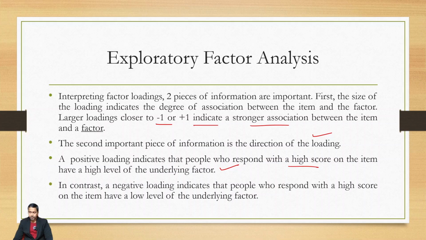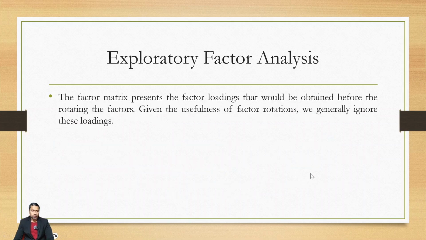So moving ahead, there are three matrices. I will show a sample example in the next slide or in one or two slides. The factor matrix represents the factor loadings that would be obtained before rotating the factors. This is not very useful, because it gives the loadings before any rotation is done.